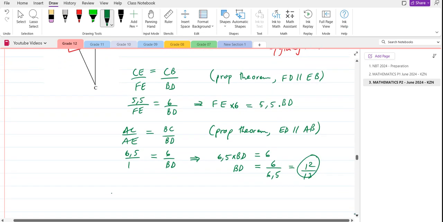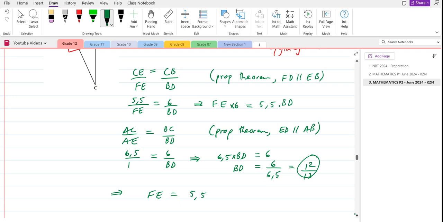And remember what we said BD was. This implies FE is equal to 5.5 times BD over 6.